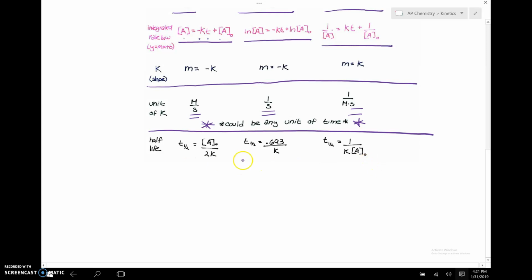I pointed out in class that our equation sheet has a first order half-life equation on it. And so that to me indicates that if they ask me to solve for half-life, it's probably going to be first order. But technically we should be able to calculate something for zero order or second order.